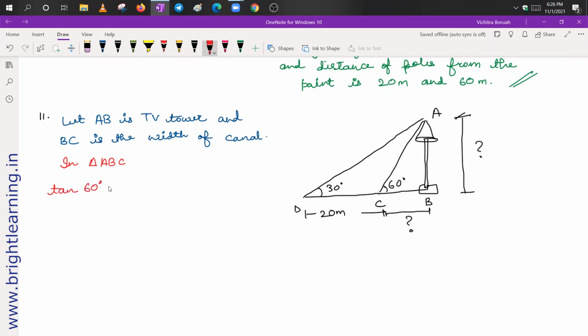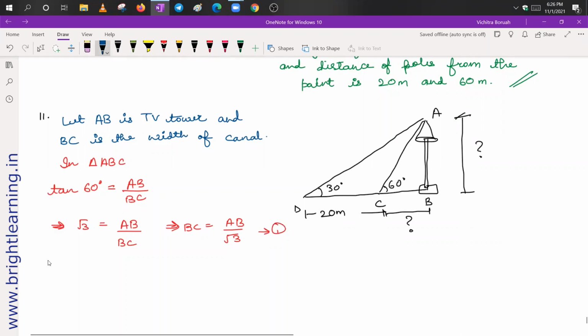It is equal to AB upon BC. Now tan 60 degree, we know the value that it is √3. Okay. And AB we have to find. We also have to find BC. So from here I can write BC as AB upon √3. So suppose this is our first relation.